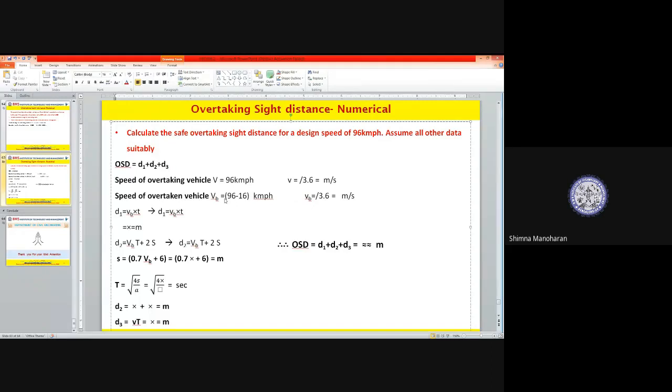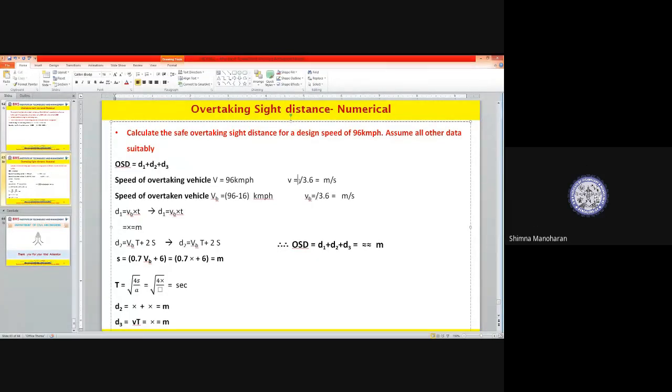This is when you have kmph. But if it is in meter per second, it should be 4.5. So when you have the speed in kmph, you subtract 16 from the design speed. If the design speed is given in meter per second, then you have to subtract 4.5.